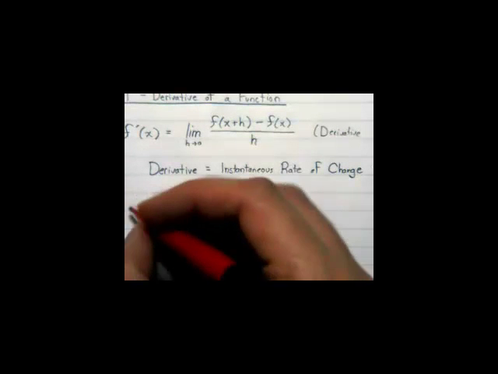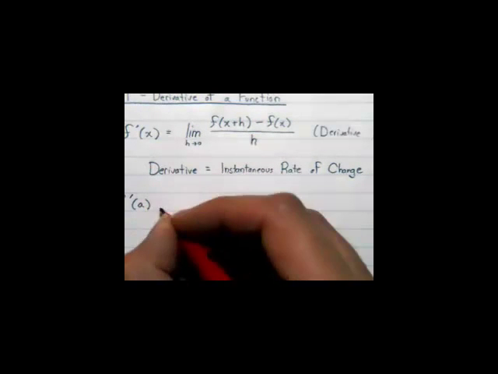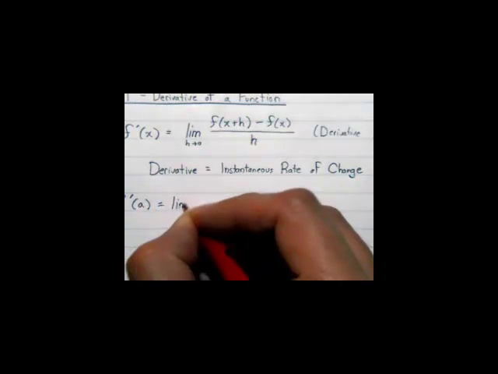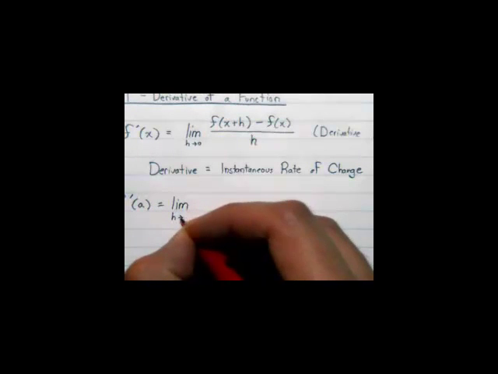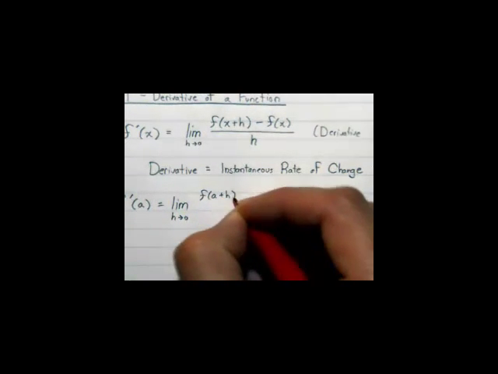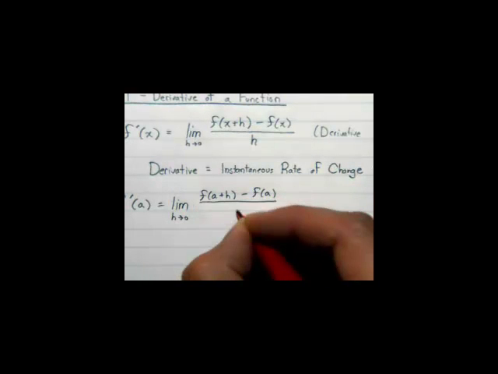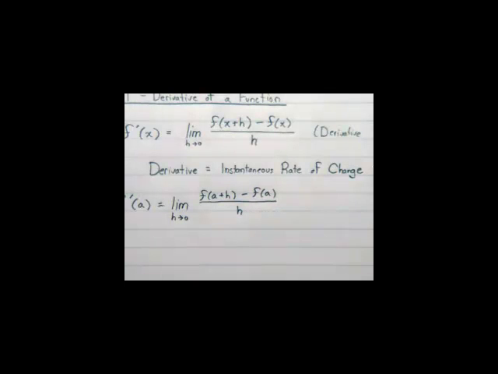Now I'm going to change this just slightly to make it a derivative at a point. What's the only difference between those two things? Yeah, instead of x, it's a, right?